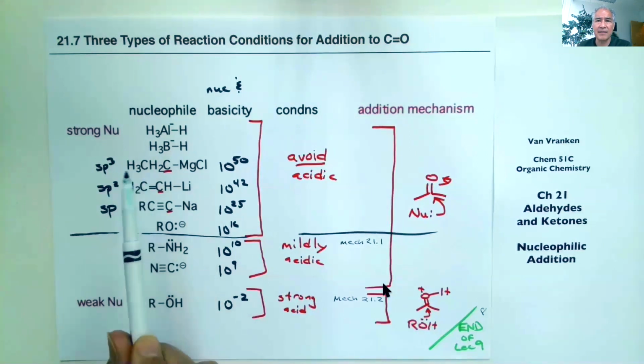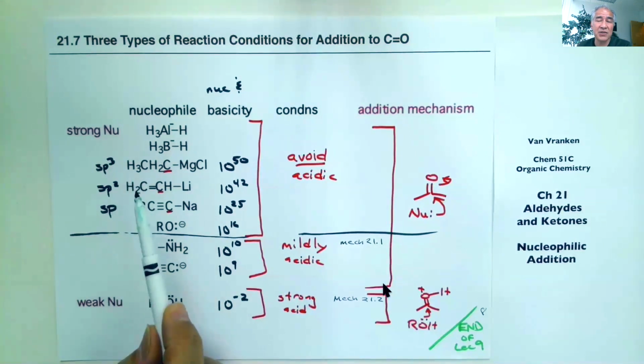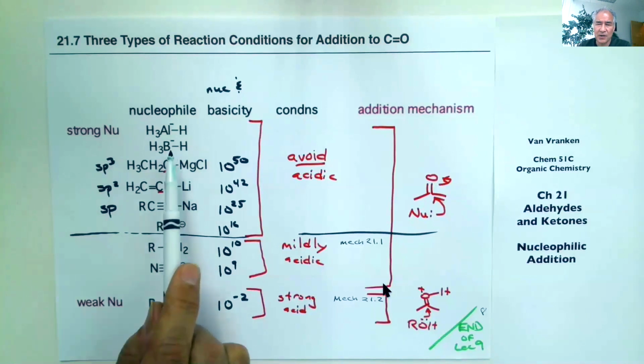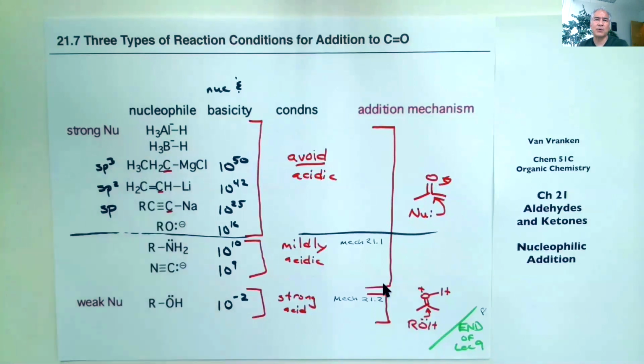Organometallic reagents like organomagnesium reagents, organolithium reagents. We brought back sodium acetylides as carbon-carbon bond forming reagents for adding to carbonyls. We talked about hydridoborate and hydridoaluminate reagents, and we even talked about organocuprate reagents that I don't have here.